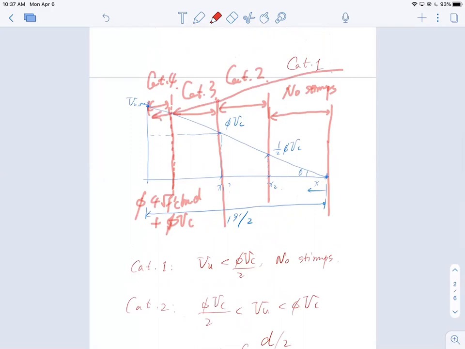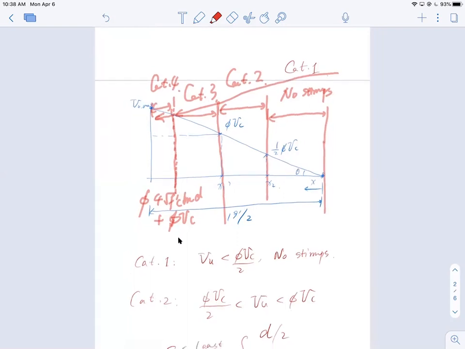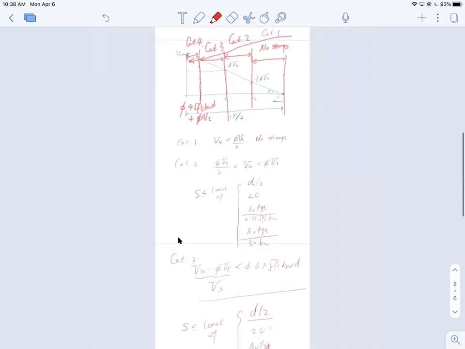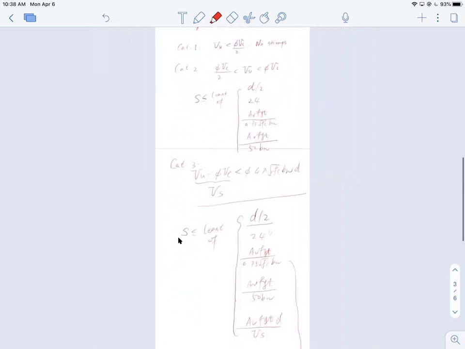Now the question is: Bob, last time when you showed design, you only showed two different spacings. How come? Why four regions but only two spacings? It actually makes sense, because there are a lot of overlapping spacing requirements.